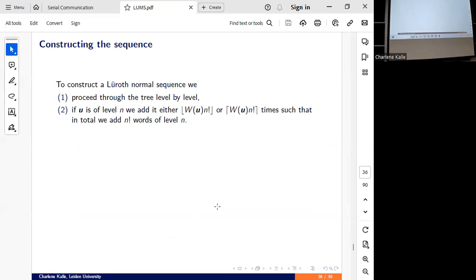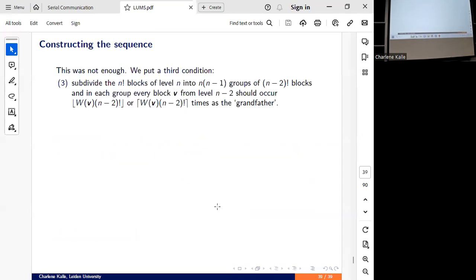And then this was not enough. So I have some examples here, but let me cut to the point. This was not enough, so we had to add a third condition, which looks horrible, but it says that on any level, we have to reflect what happened 2 levels above. So we cannot just concatenate using these 2 rules, but we have to be a bit more careful. Otherwise, we can have big frequency drops in this sequence, and it might not converge.